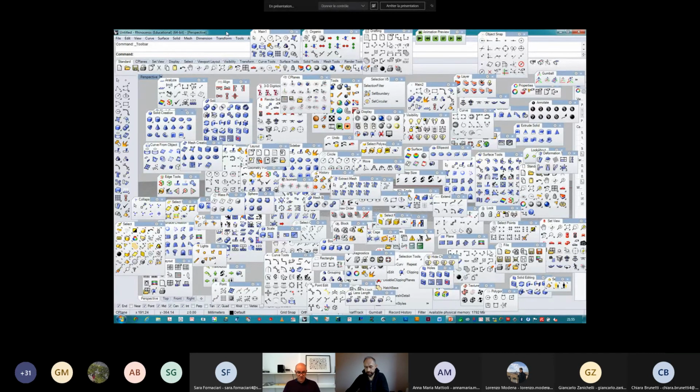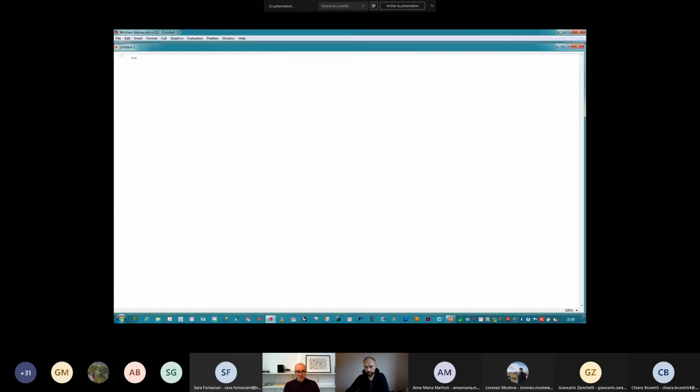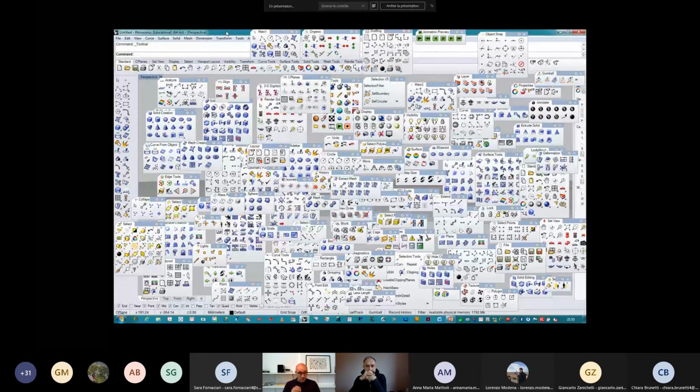And this is what I was really interested in. And I said, okay, probably I cannot know much more about that by working with Rhino. Keep in mind that at that time, plugins like Grasshopper didn't exist. And by the way, I knew very well the birth of Grasshopper a few years later, in 2005, because as a teacher in Paris, I invited David Rutten, the creator of Grasshopper, to give a lecture.